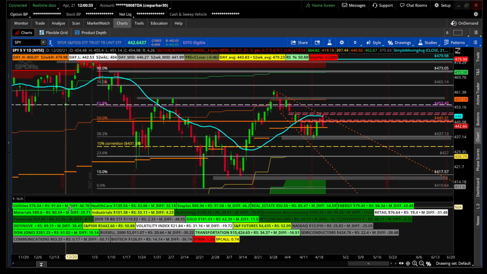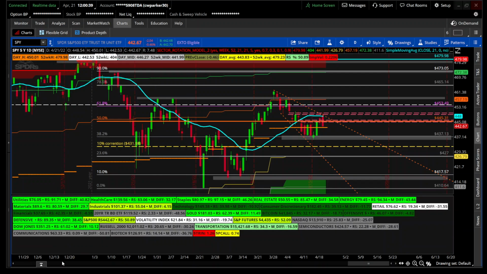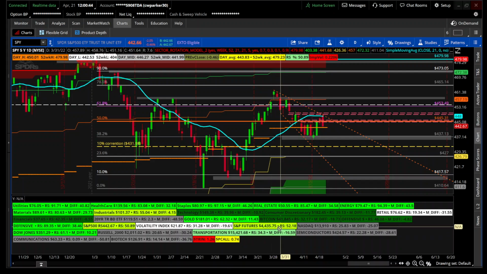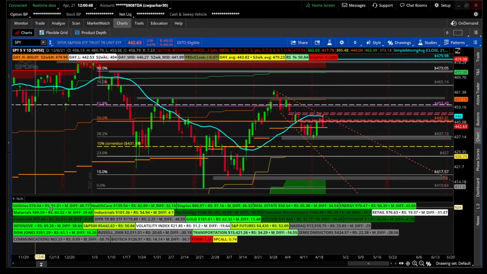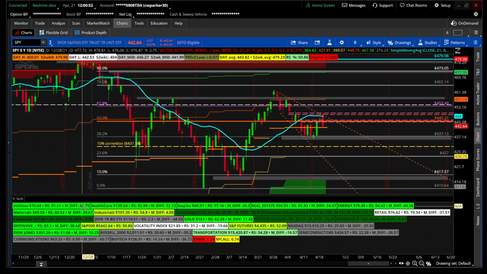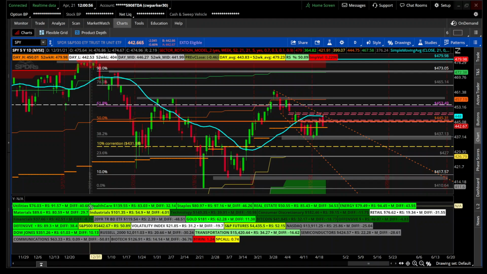So then we come to M difference, which is the market difference. The S&P 500 is what I'm considering the market. So the S&P 500 is at 52. So we can take 91 minus the S&P 500 at 52, and what we're going to get is 40.67.